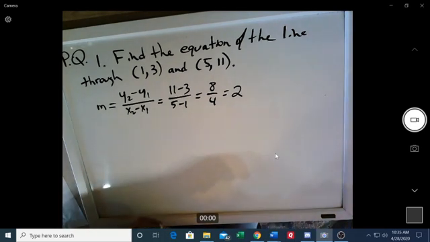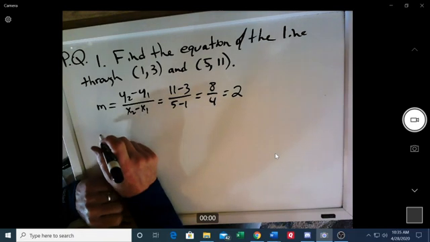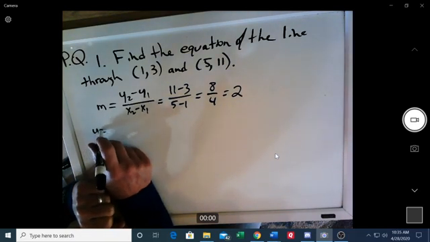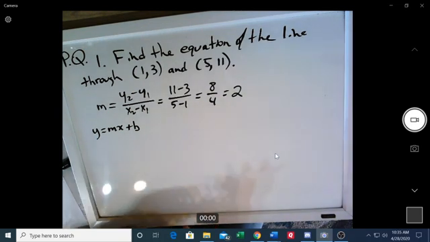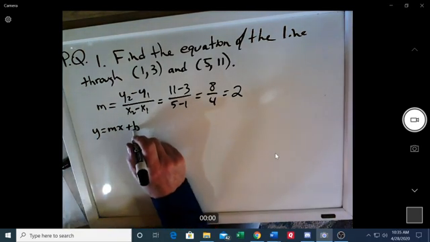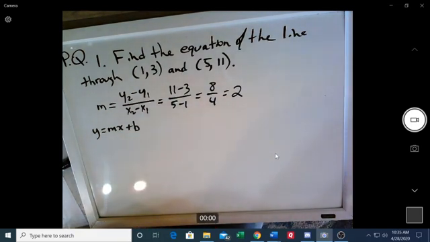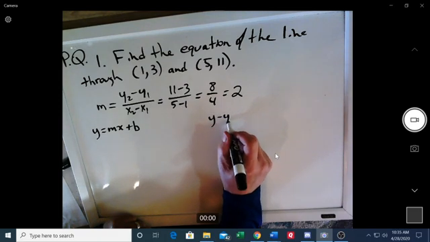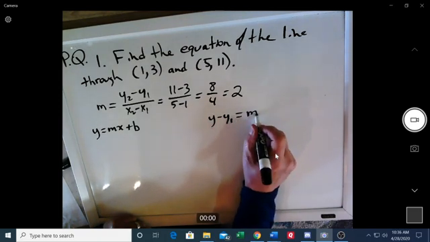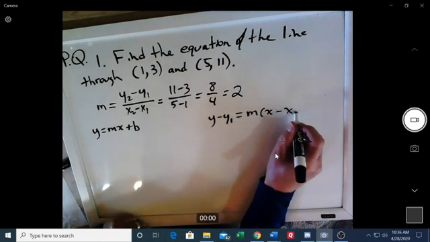The easier one to remember, you might remember the equation of the line, y equals mx plus b. If you remembered that, you can work from that and come up with the equation. The easier one is if you remembered y minus y1 equals m times (x minus x1).